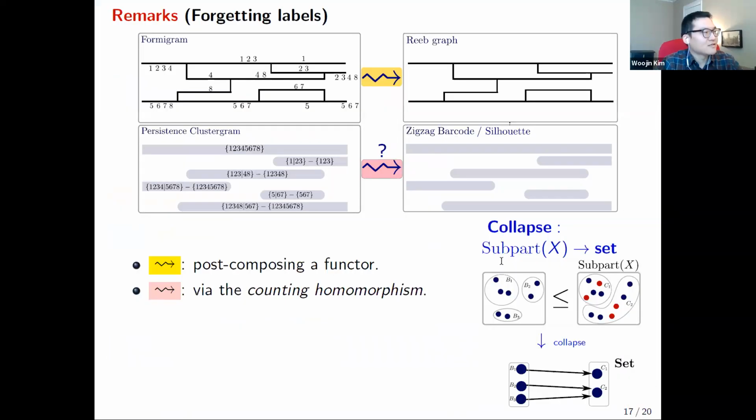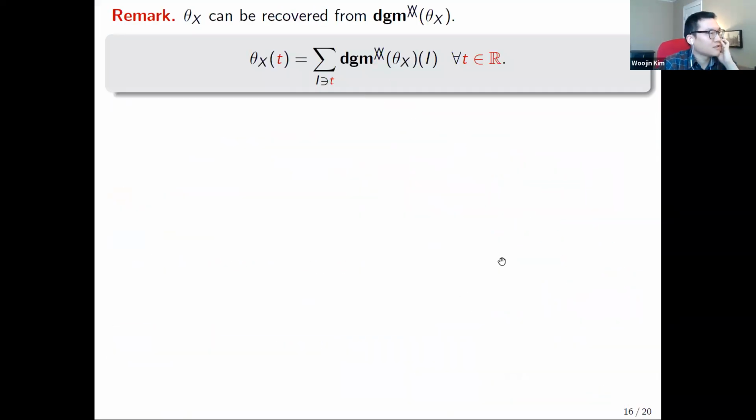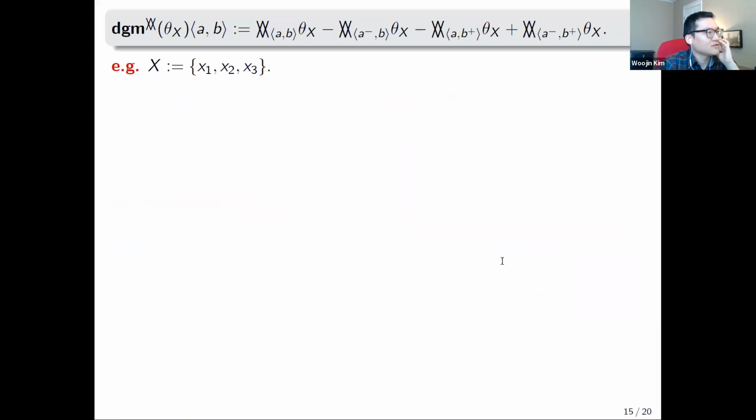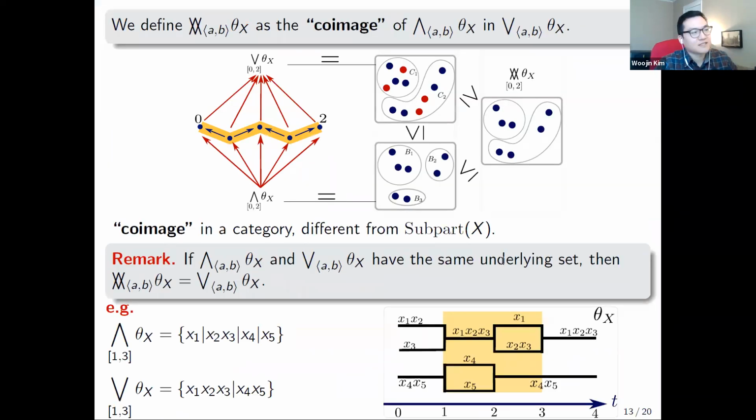Oh, yeah. So for the co-image construction, we need to define a category of partitions which is not relevant to the underlying set. So what we did was the collection of partitions of arbitrary sets. The map between partitions is defined as a set map between the underlying sets of the partitions, but that map should be injective and block preserving.